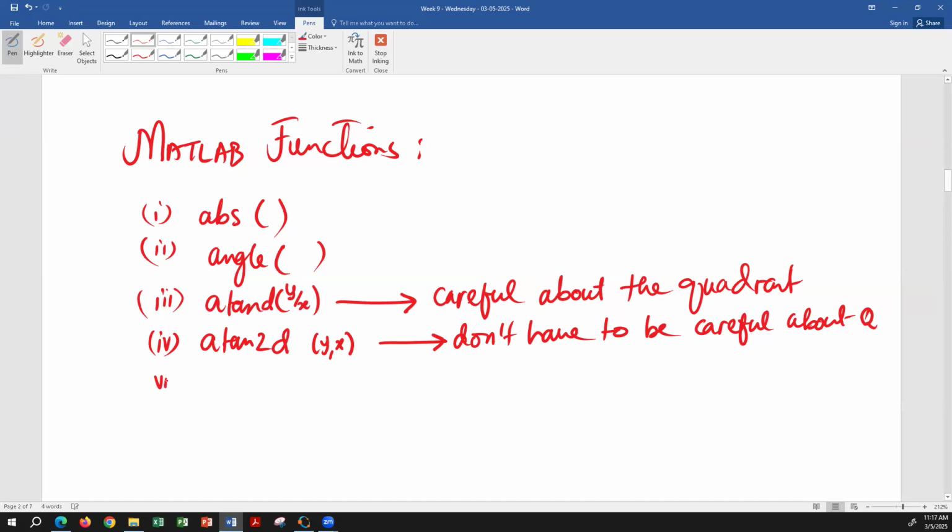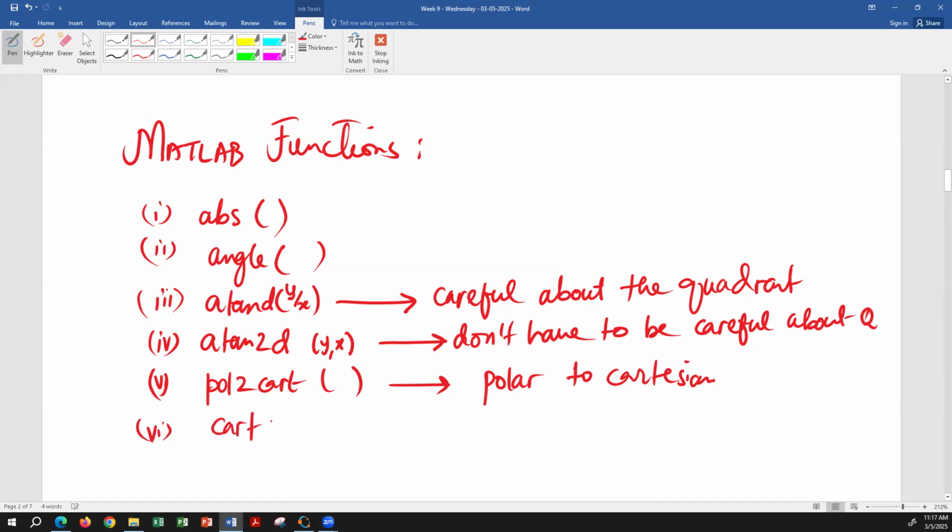Then you also have pol2cart, polar to Cartesian. And this is, I think you have used it with me in the software class as well. And likewise, you also have a built-in function, cart2pol, which is Cartesian to polar.